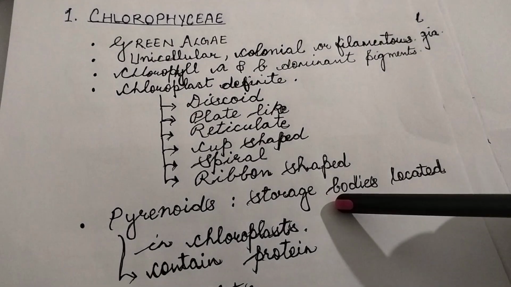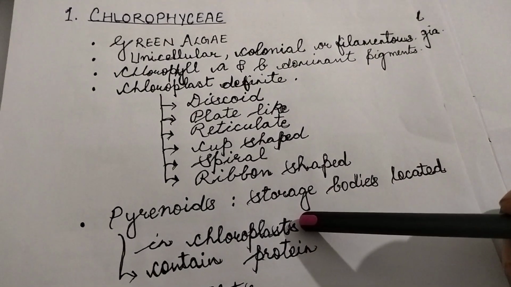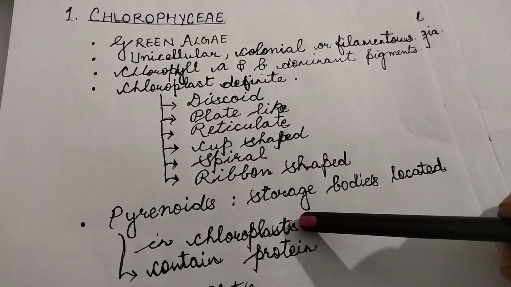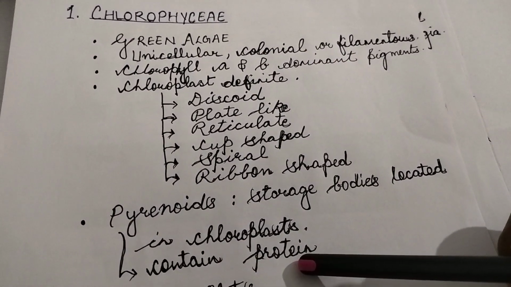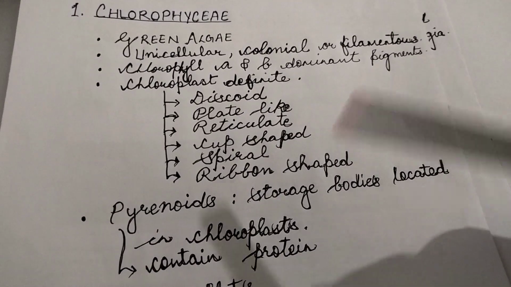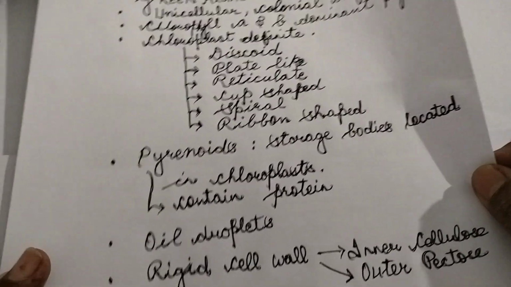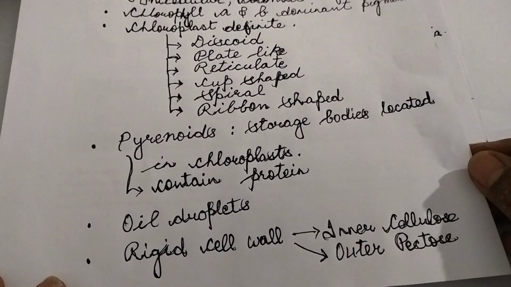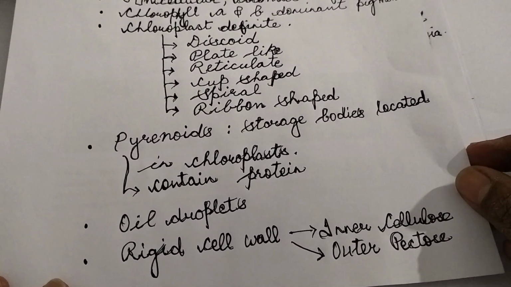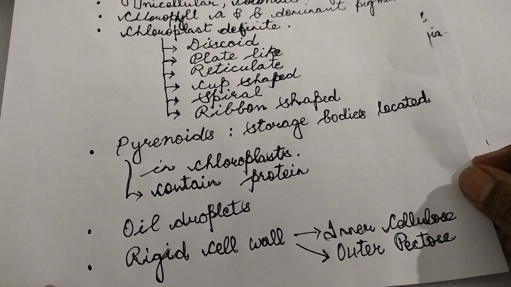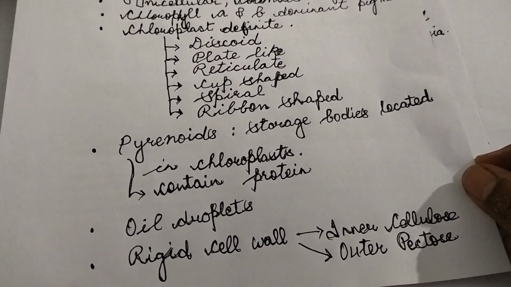Pyrenoids are the storage bodies located in chloroplasts, and they contain protein besides starch. Pyrenoids contain protein also. And what are they? They are food storing bodies present in chloroplasts.